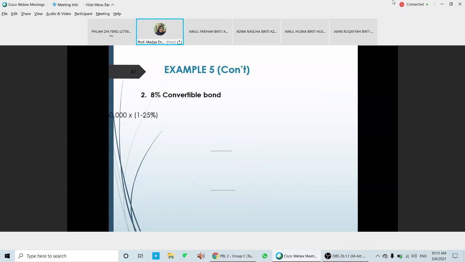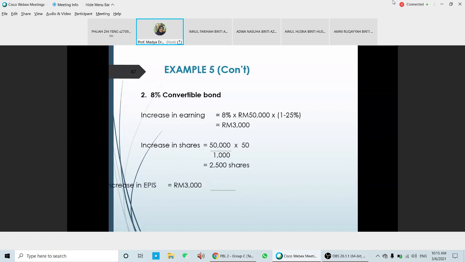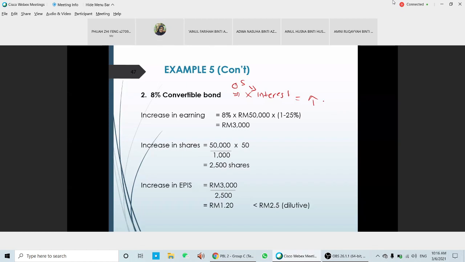Okay, the next one is the convertible bond. Once you convert the bond to ordinary shares, you don't have to pay the interest. Since there is no interest paid, you're going to have an increase in earnings. But the increase in earnings should be net after tax.